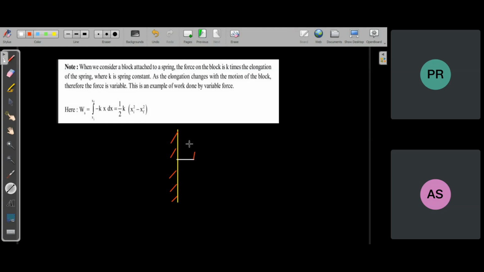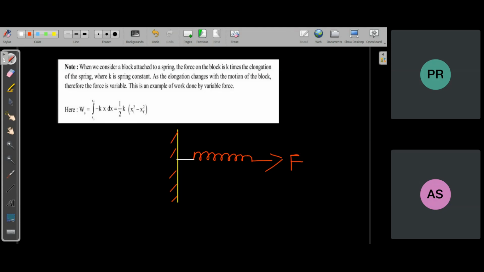Maybe initially also there is some elongation in the spring. Are you getting? Suppose that already there is some elongation, and there is a force which is already acting and stretched it by some displacement. Let's say some force is there which stretched it and gave it some elongation x1.